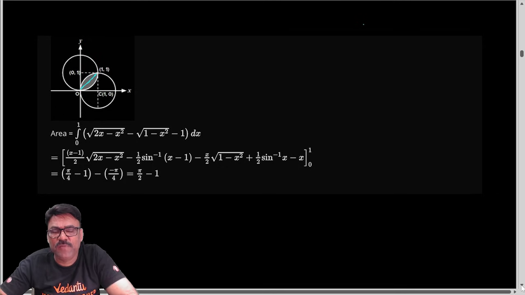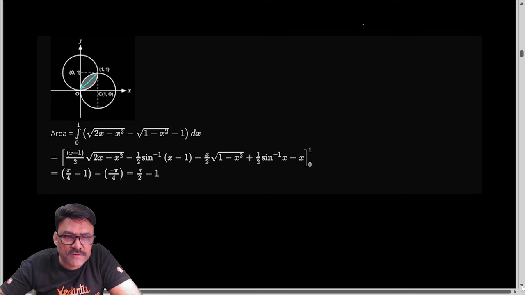the area is symmetric about this line. So what I will do is find this half area and double it, so I will get the total area. So my area is 2 times this half area, this half leaf. Now how will you get this area?